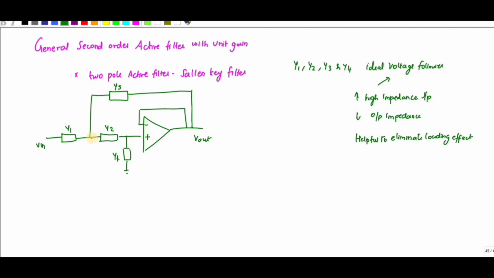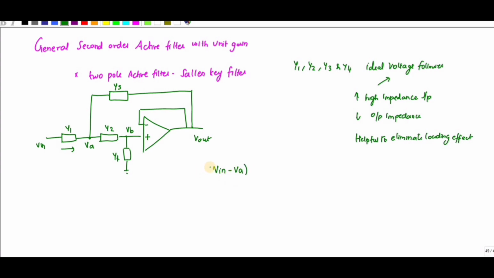We have two nodes, let me take them as VA and VB, and I am going to apply Kirchhoff's current law. So at this point I can write Vin minus VA divided by resistance, you will get current, right?